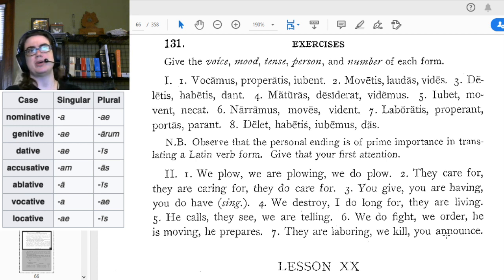Laboratis, properant, portas, parant. Y'all work, they hasten, you carry, they prepare. Delet, habetis, iubemus, das. He destroys, y'all have, we order, you give. Oh, because it's just like a random string of words.